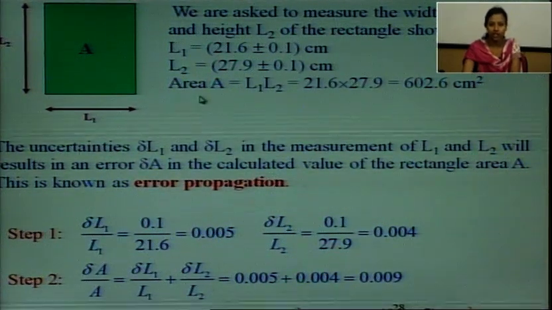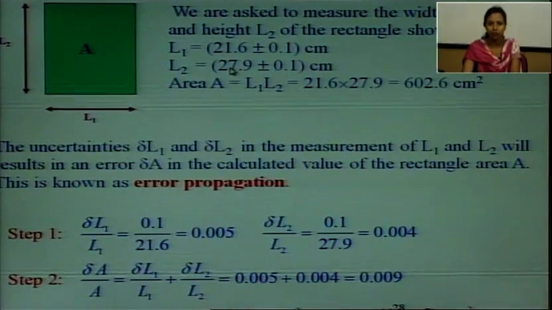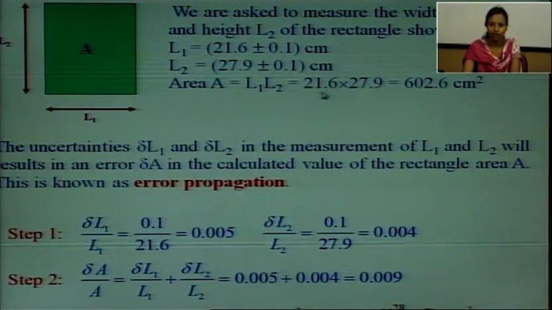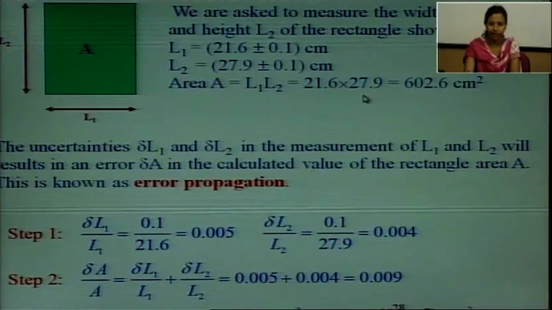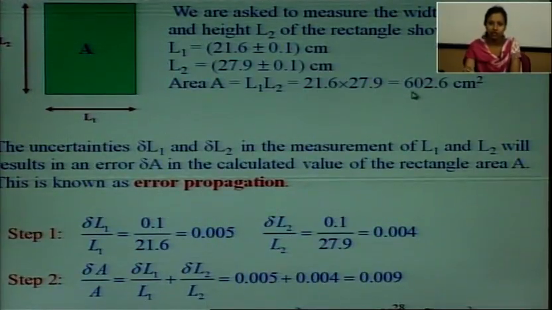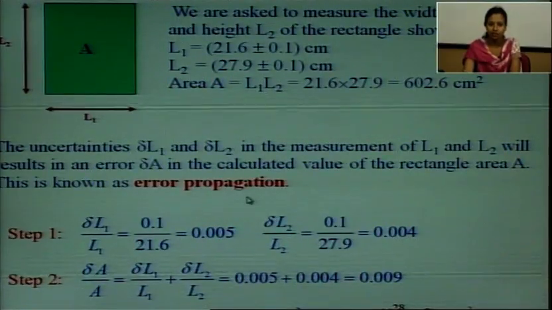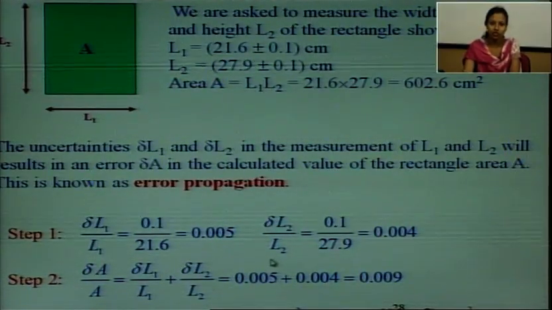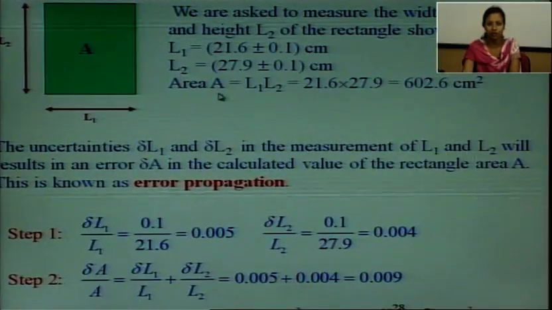So the area is L1 into L2, which is 21.6 into 27.9, equal to 602.6 centimeter square.